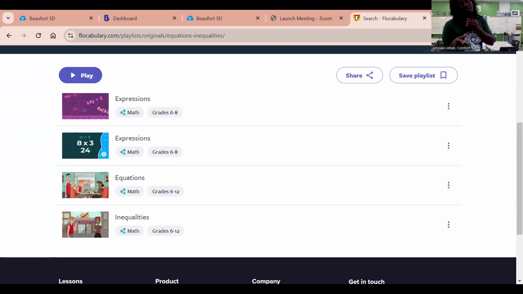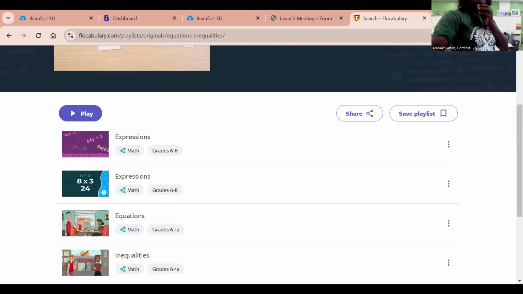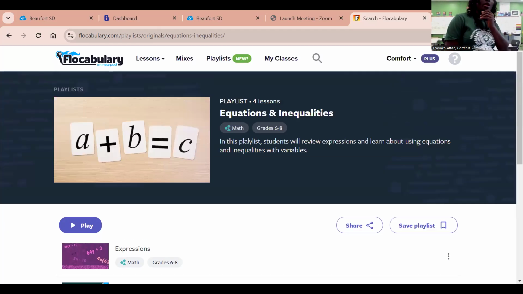For expressions, there is no equal to sign. Equation, we have an equal to sign. Inequalities, there is no equal to sign, but we have the signs less than and others. So that is basically the summary of inequalities and equations and expressions. Okay?